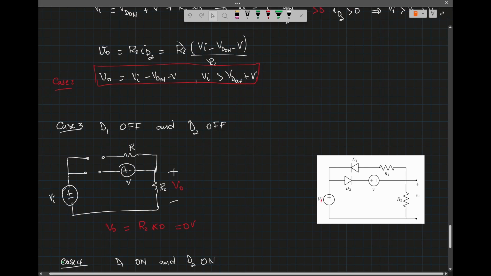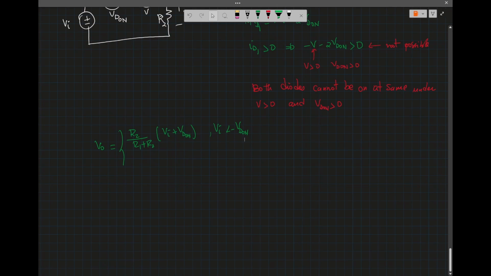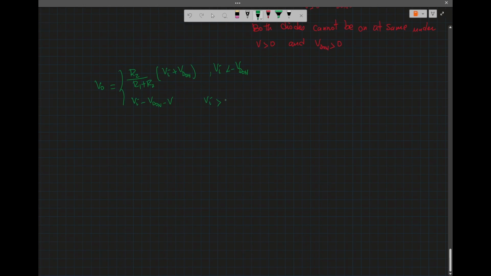So we have V0 is VI minus VD1 minus V, when VI is bigger than VD1 plus V, and it's 0 otherwise.